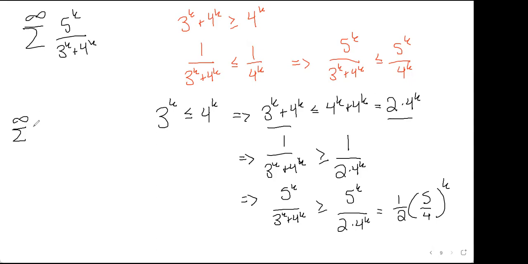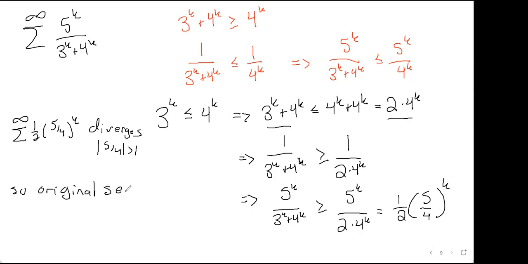And so we get to say that the series 1/2 times (5/4)^k diverges because r is 5/4, that's bigger than 1. So the original series diverges by direct comparison.